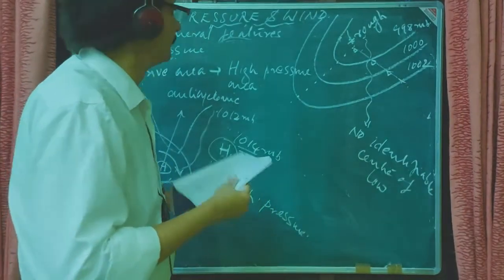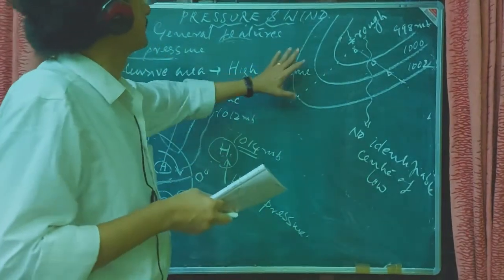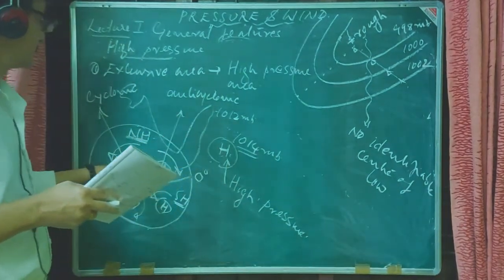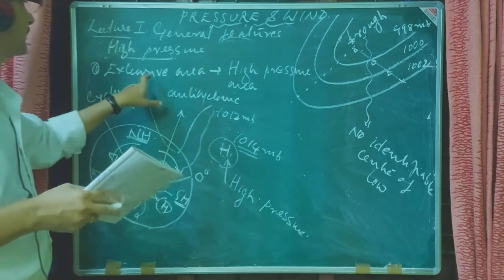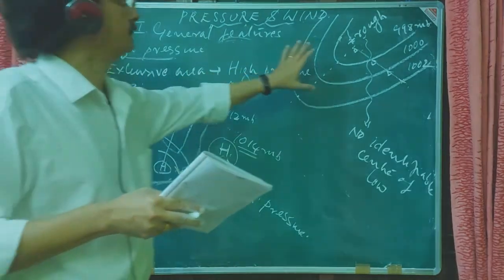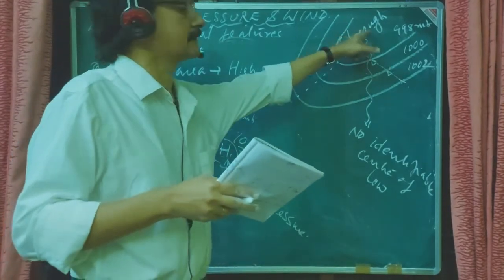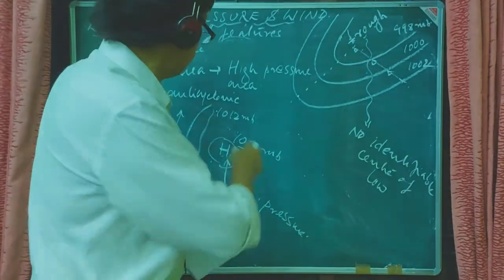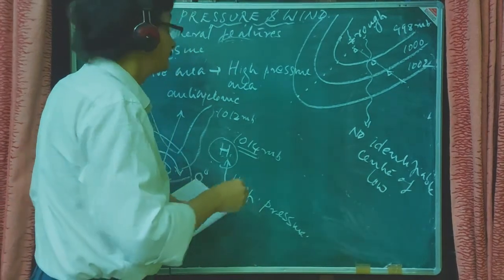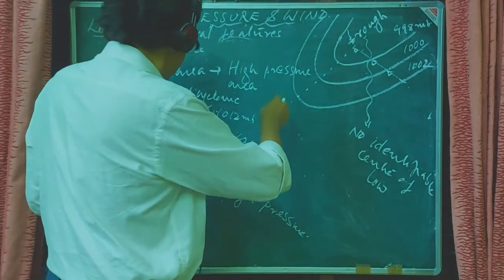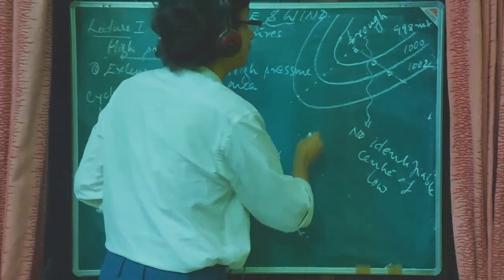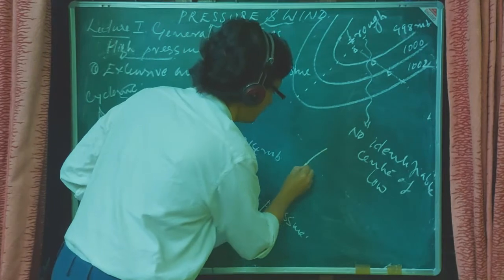And here also, you have seen there is no fairly recognizable center of low, not an extensive area of low pressure, then we got a term called trough. But in the case of the high pressure region, if there is no recognizable region of high pressure, say I am drawing the same picture.